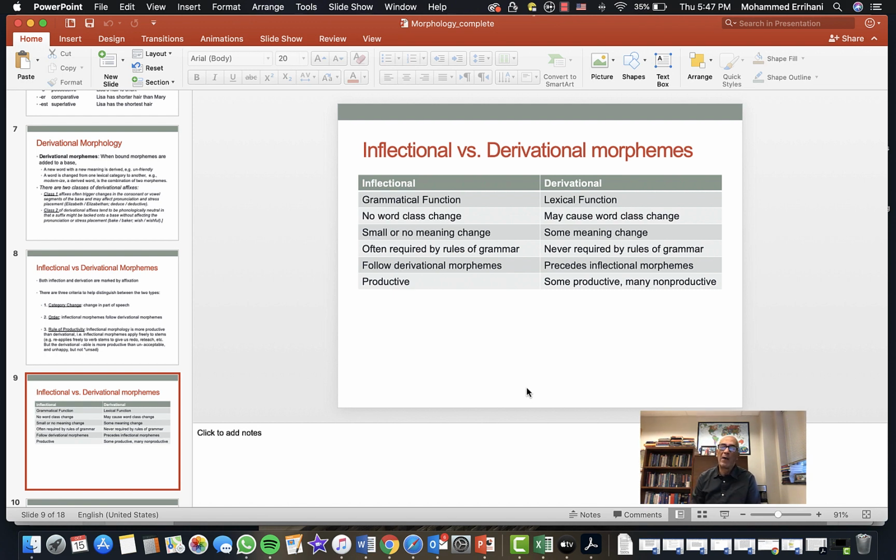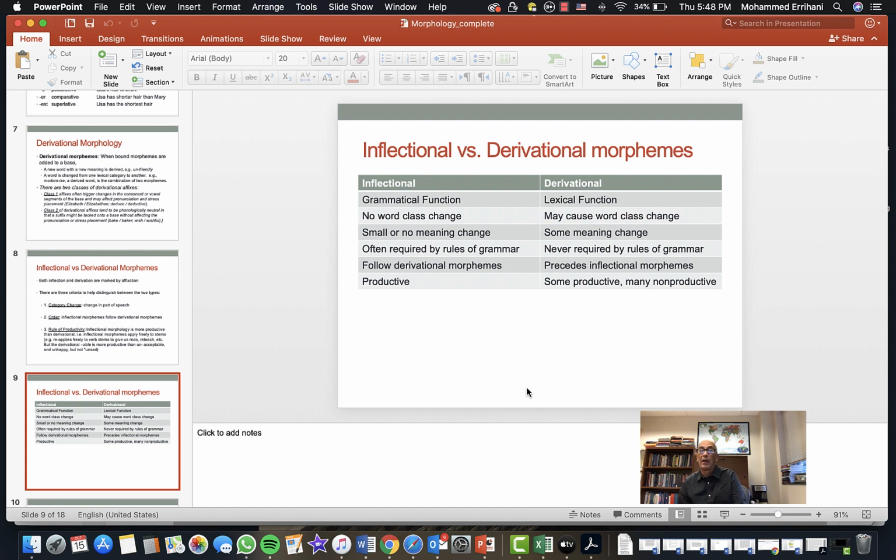So if you have 'he walks home', the verb walk always requires s when it's he, the third person singular. So it's a requirement of English grammar. And as I said earlier, they always follow derivational morphemes. They're always at the end, and they're productive because you can tack them to any word and they will have the same meaning.